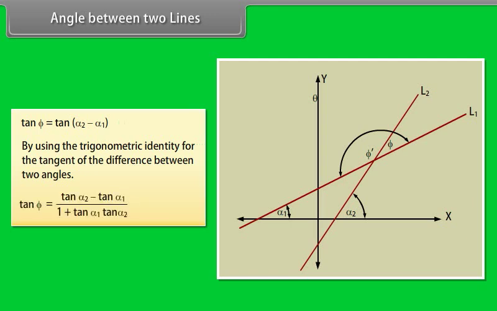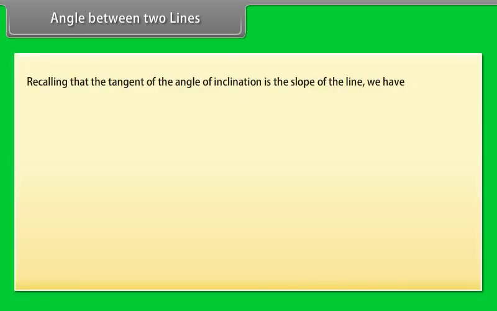Tan phi is equal to (tan alpha 2 minus tan alpha 1) divided by (1 plus tan alpha 1 into tan alpha 2). Recalling that the tangent of the angle of inclination is the slope of the line, we have tan alpha 1 is equal to m1, that is the slope of L1.